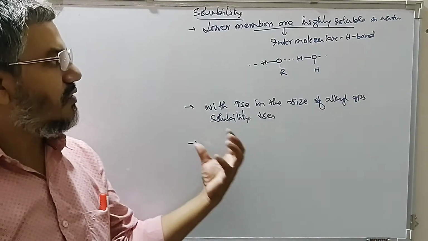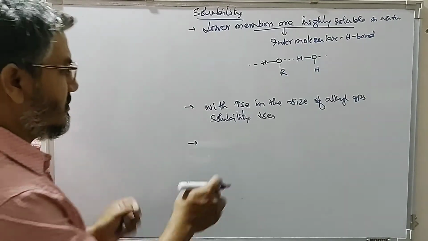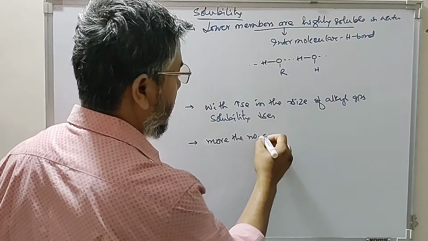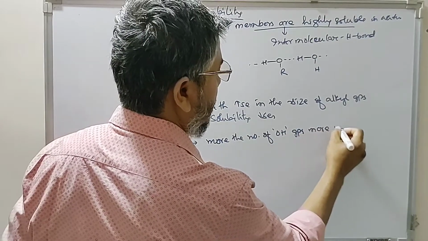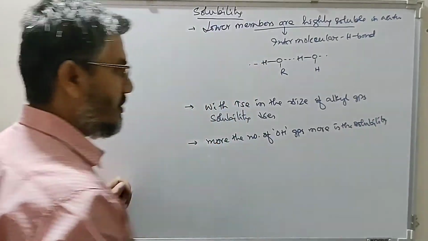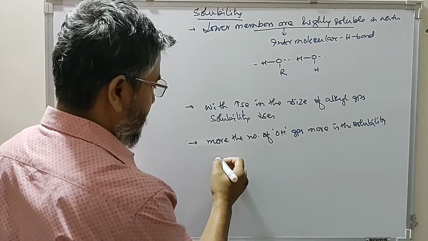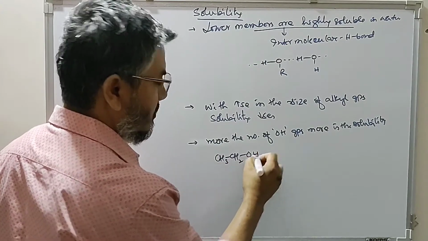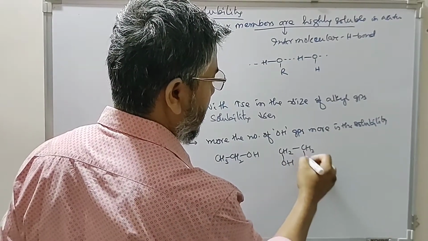Alcohols with more number of OH groups are more soluble. So when we compare this, more the number of OH groups, more is the solubility, that is more number of intermolecular hydrogen bonds. Look at this: ethanol, then we have ethylene glycol.